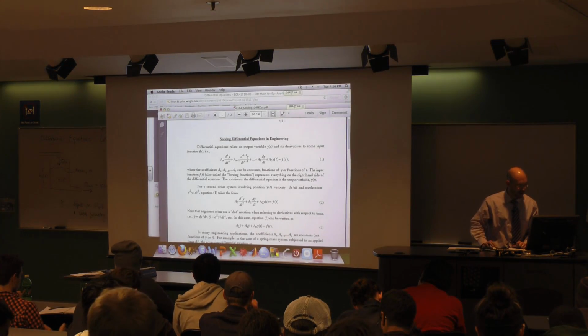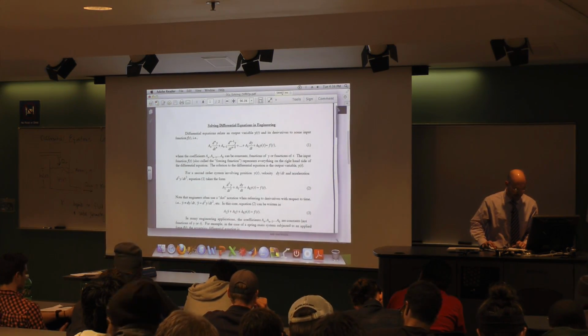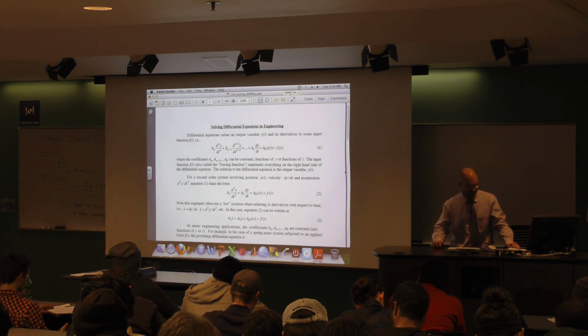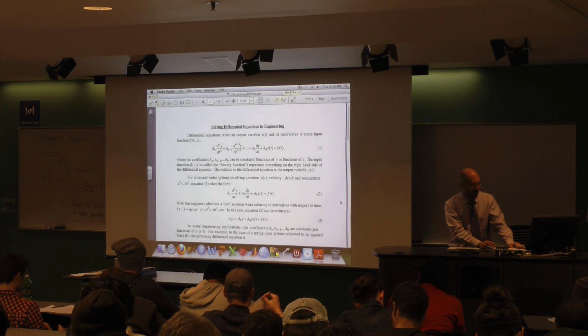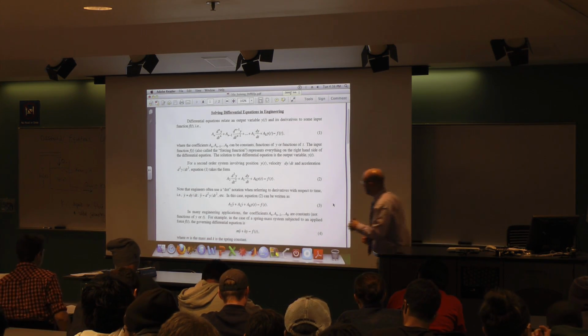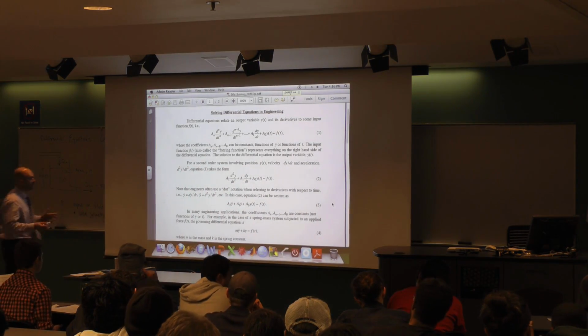You guys all have the sheet here, which is your recipe. Just like when we had the derivative sheet and the integral sheet, you really ought to have this thing out for the rest of the lectures. I hope we reach the point where it's kind of old hat. This is just a summary, and it's really an excerpt right out of the textbook, from our chapter on differential equations.